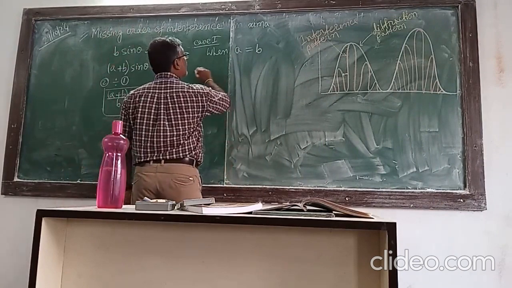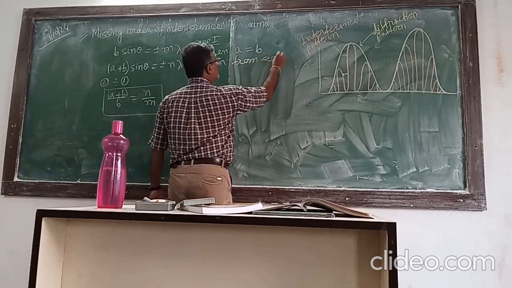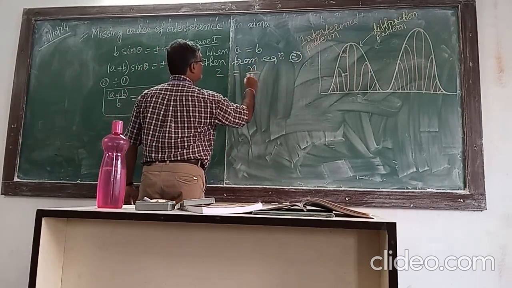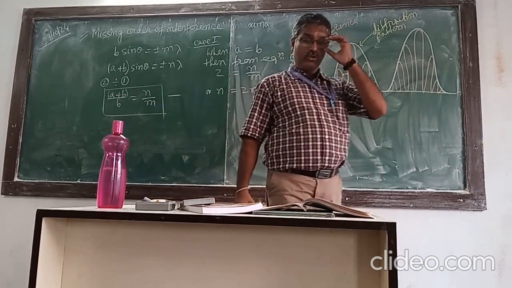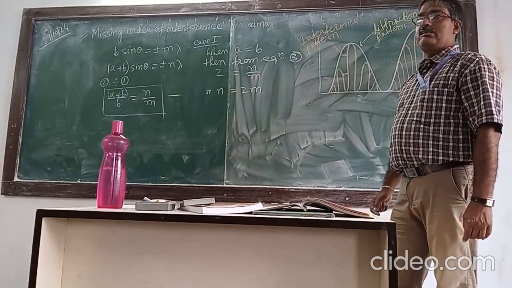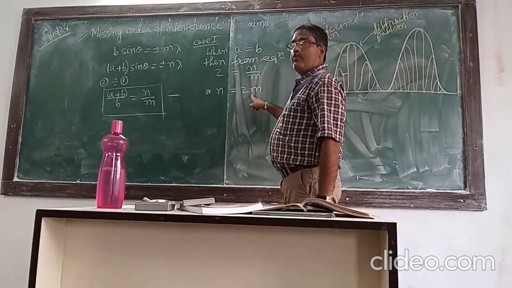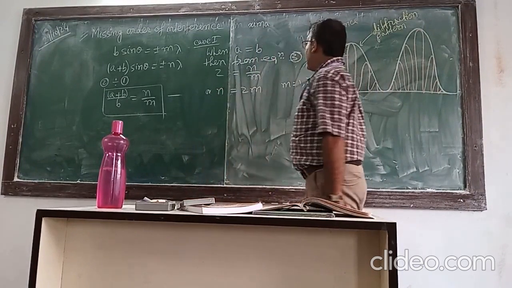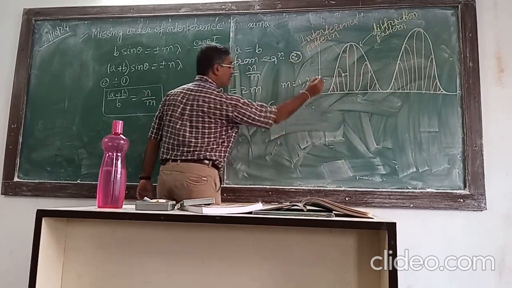From equation 3, 2 equals N by M, or N equals 2M. We know that M is not equal to 0, so M equals 1, 2, 3, etc. Therefore N equals 2, 4, 6, like that.